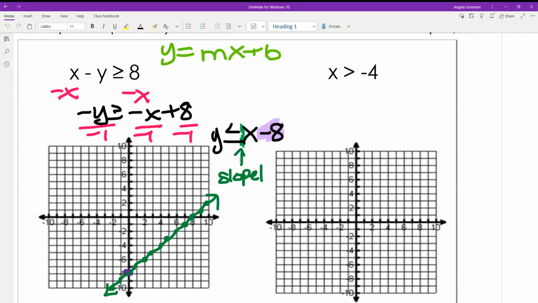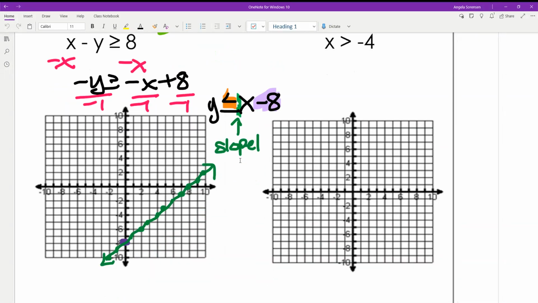Now, when I did solve this, I got y is less than or equal to. I'm going to write that out in words. I don't think we're going to say how many points, but I would make sure that I had at least 3. Okay.